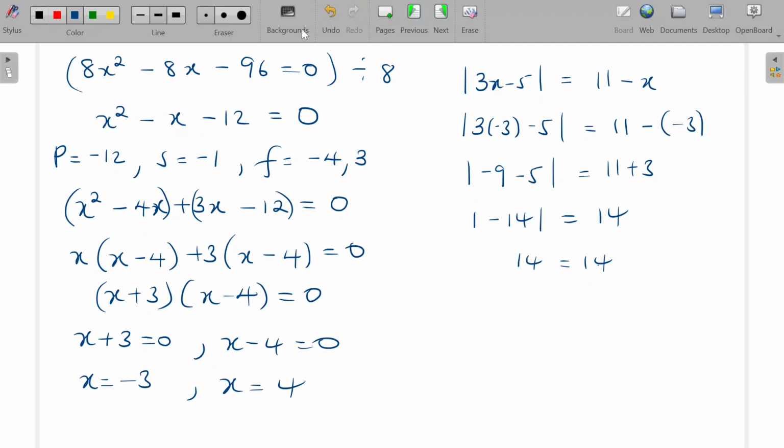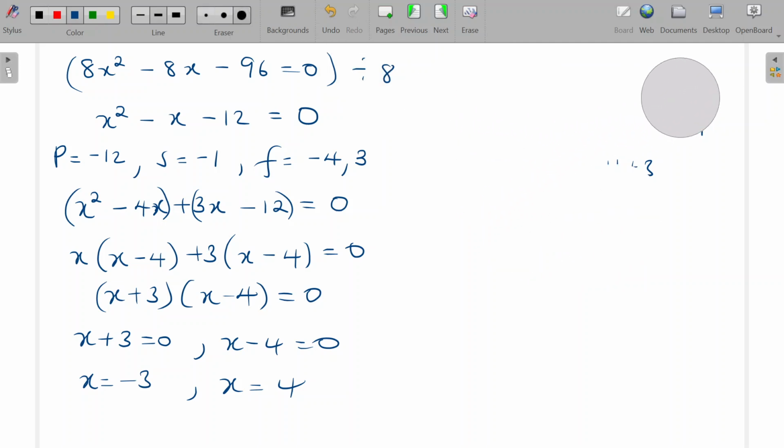Then now we test the other component, which is 4. We have the modulus of 3x minus 5 is equals to 11 minus x.